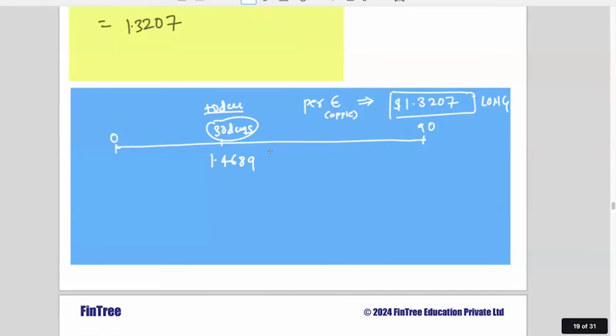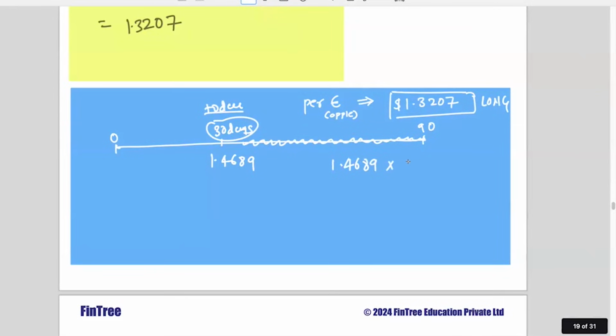I will call up the dealer and say, okay sir, can you please tell me what is the new forward price for 60 days? The dealer will say, sure, why not.